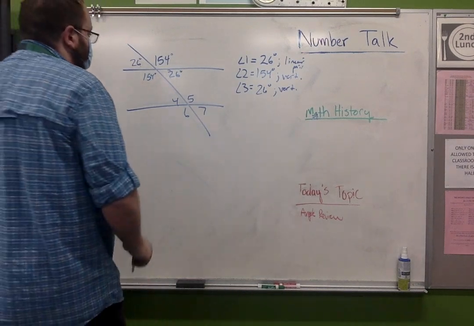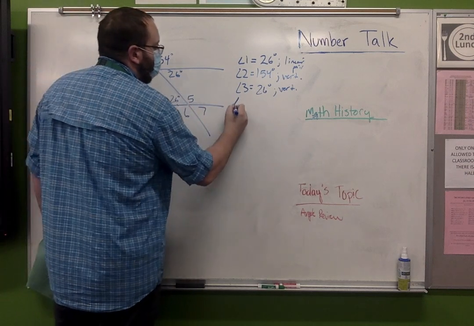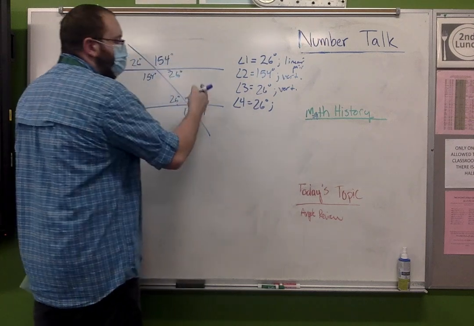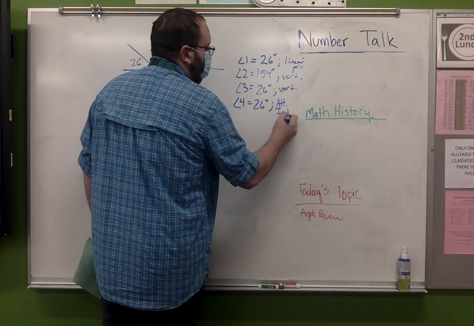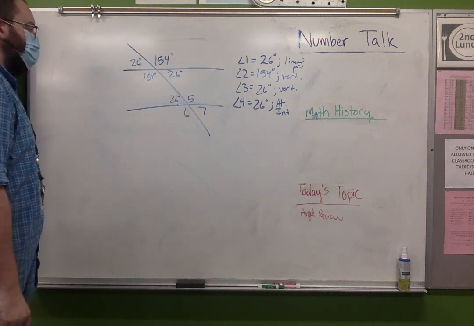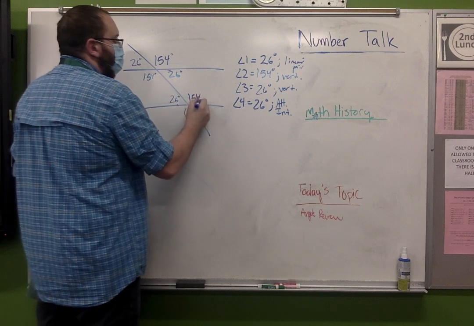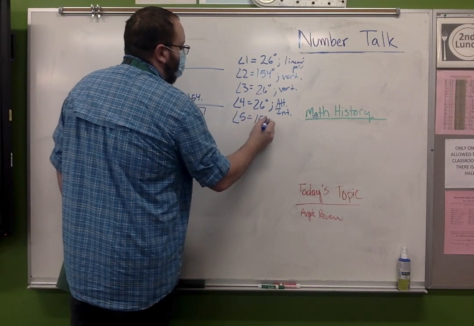Yeah, there it is. Angle 4 is 26 degrees. I'm going to say because alternate interior angles. Angle 5 is 154. I'm going to say because corresponding. 154.